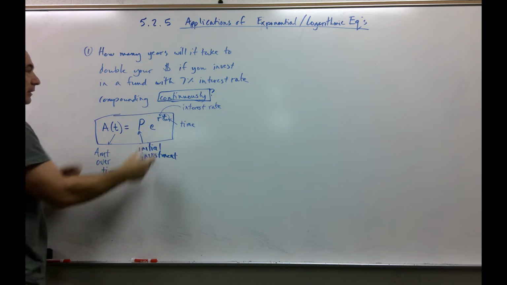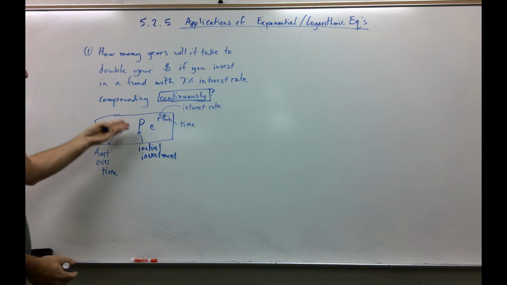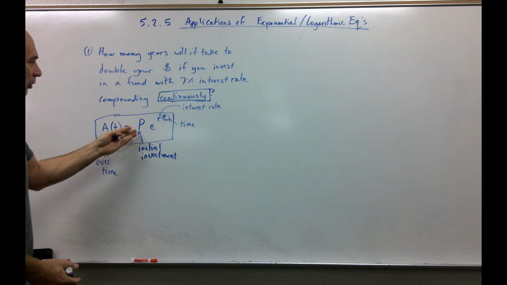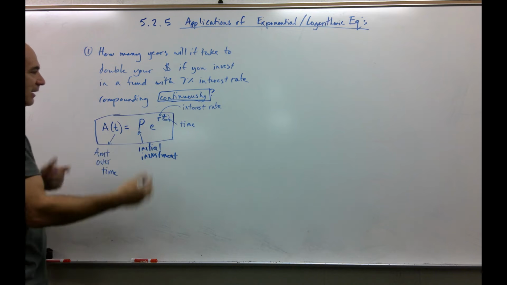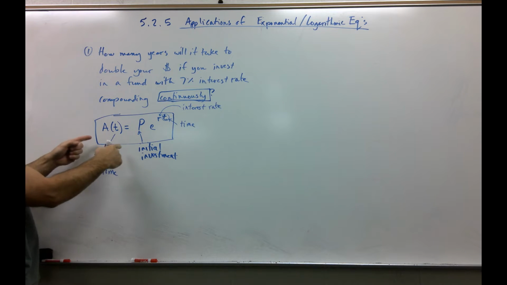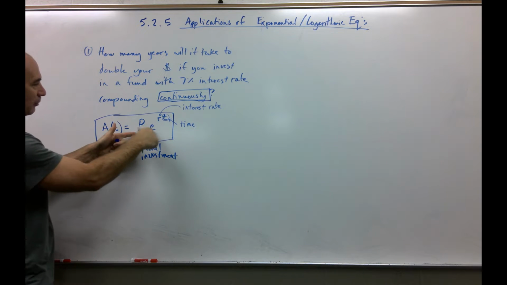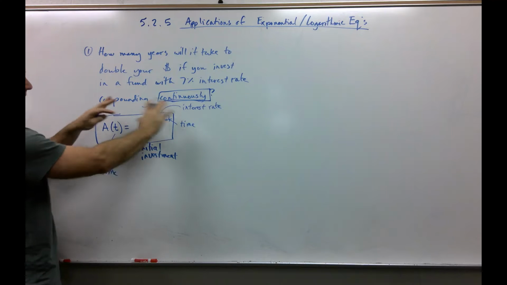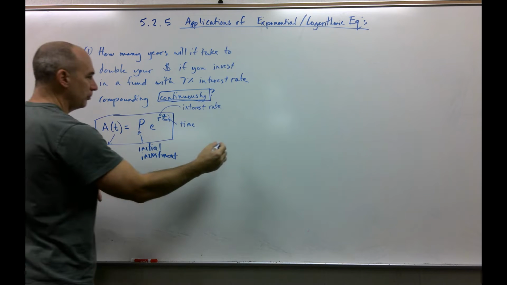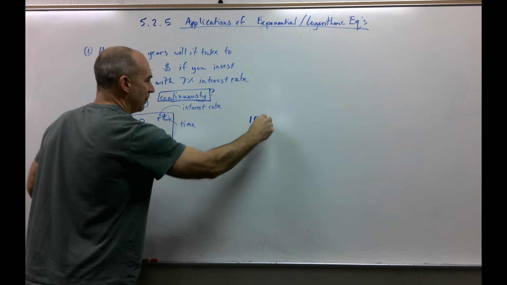They don't give us how much we invest, so that's a little bit confusing. So we're free to say the initial investment, remember this is an exponential function, like f of x equals a times b to some power. Let's make the initial investment $10,000.